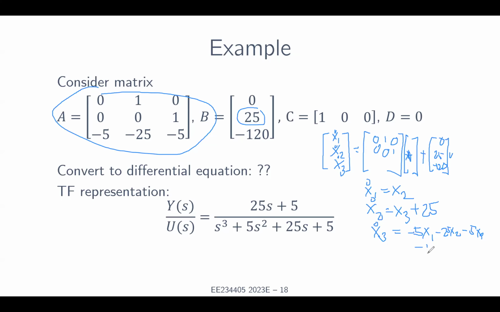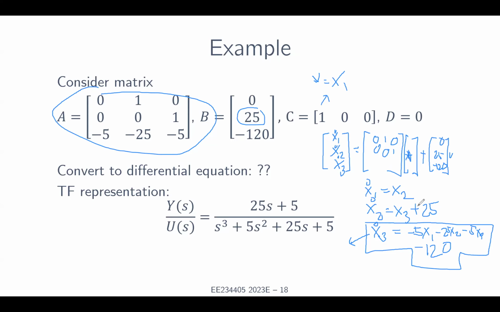This is minus 1, right? Now we know that C is 100, which means that y is x1. So if we begin from here, I hope we can recall x2 dot is x3 plus 25.